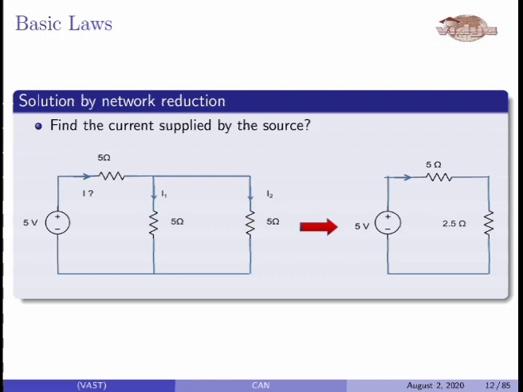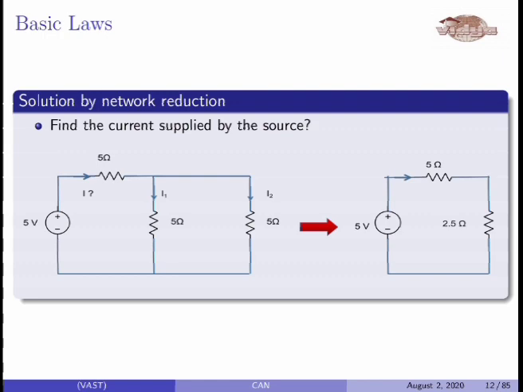By using a similar method, the two 5 ohm resistors in parallel give an effective resistance of 2.5. So the network on the left of this slide can be reduced to the network shown on the right side.